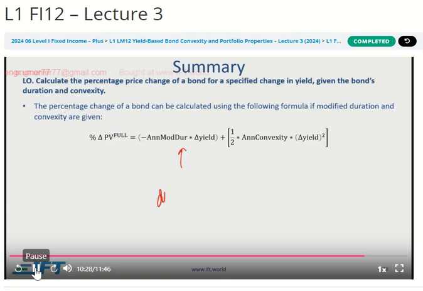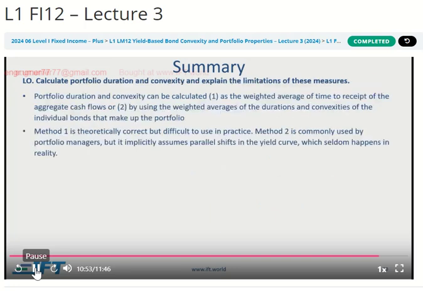We take the duration adjustment like we have been doing in previous learning modules, but there is now also the convexity adjustment, and that is always a positive adjustment because the price goes up more and it doesn't come down that much because of convexity. So it is always a positive adjustment.